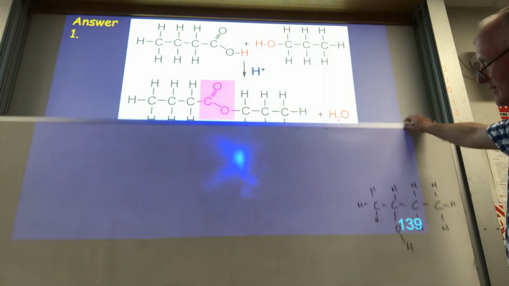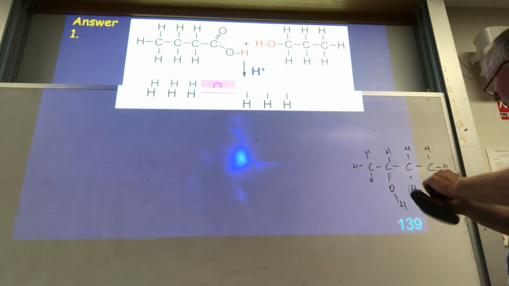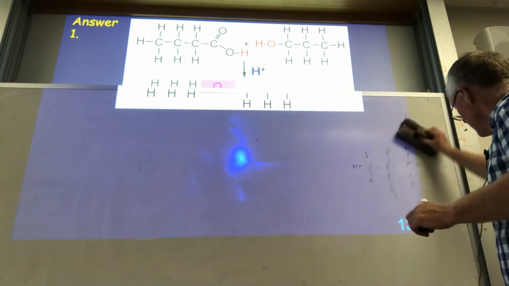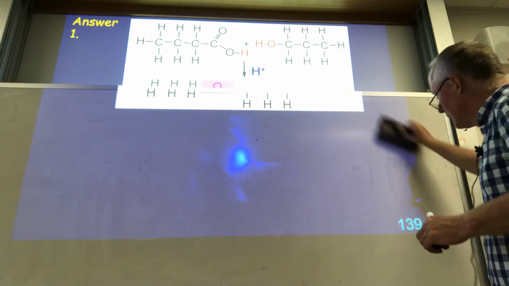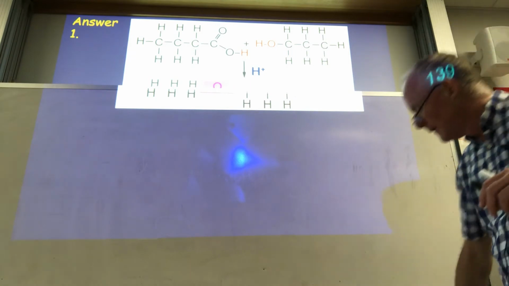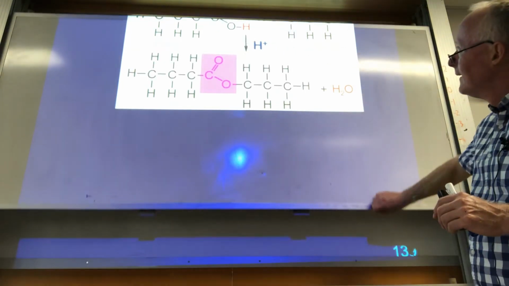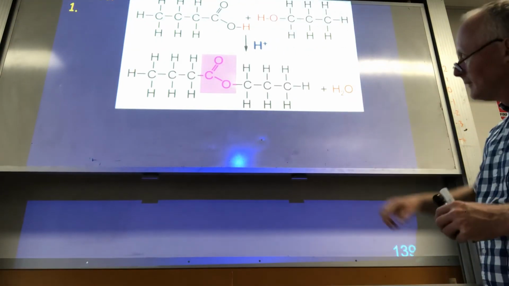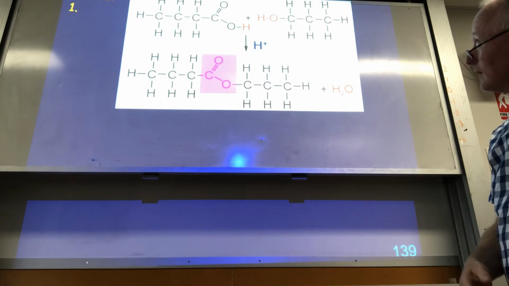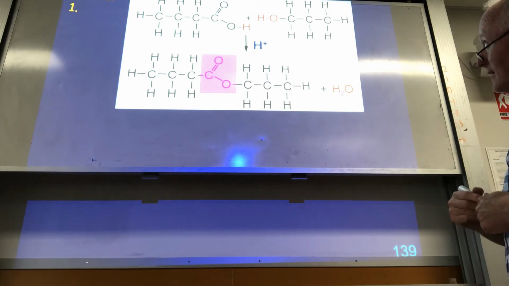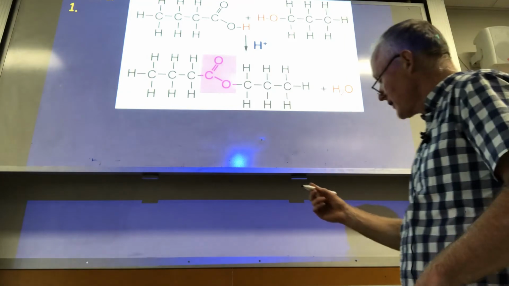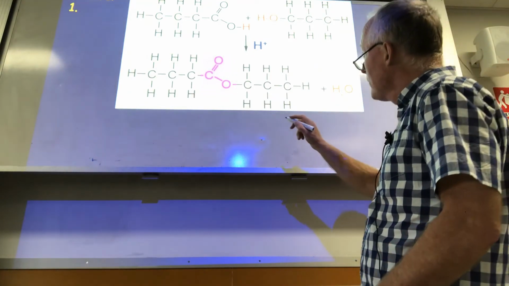Now turning it into semi-structural formulas. Like I say, it's easy going from the full structures. So just start from the left-hand side.